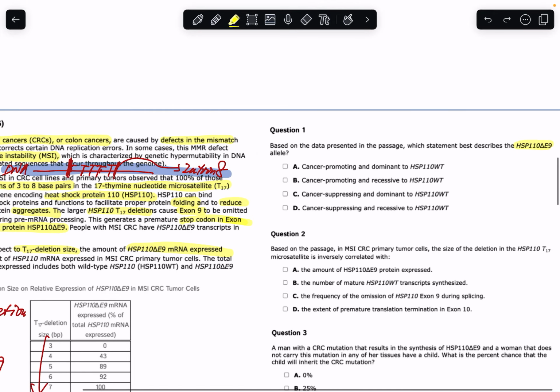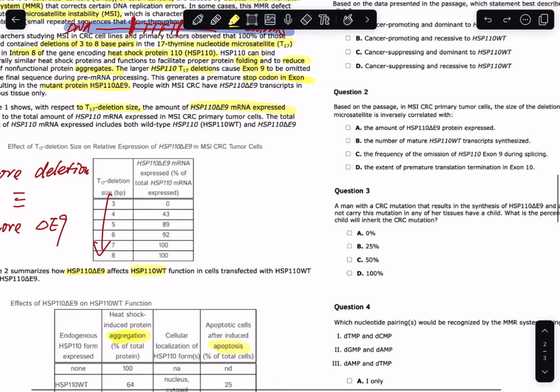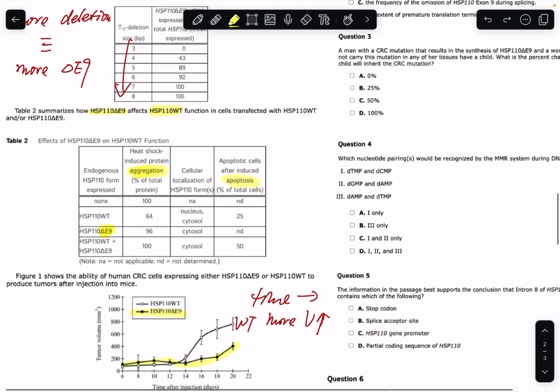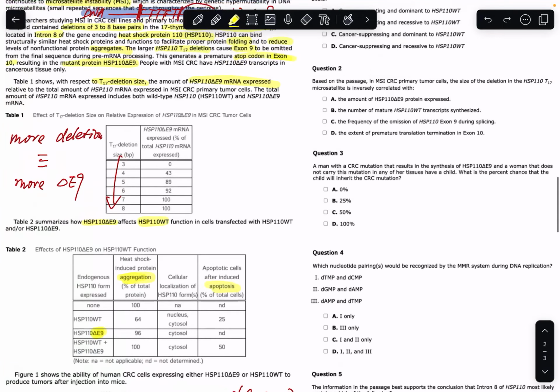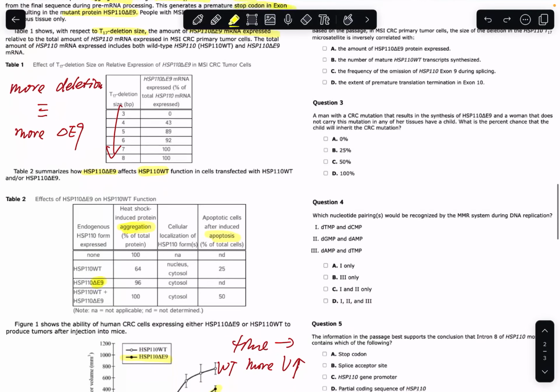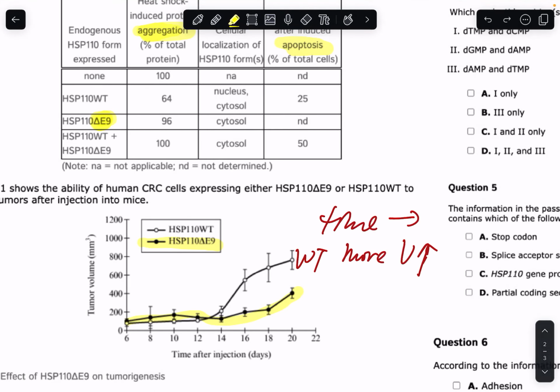So we can talk about the cancer part first, okay? So really table 2 and figure 1 both tell us if it's cancer promoting or cancer suppressing, okay?